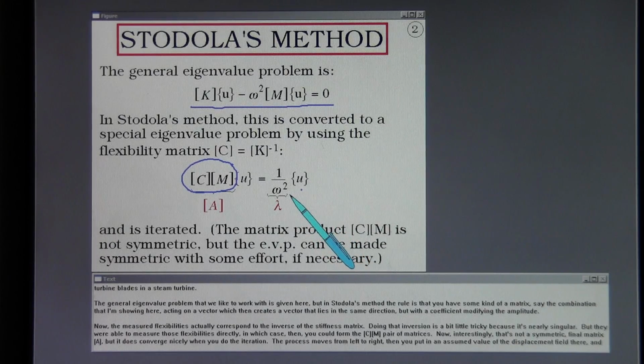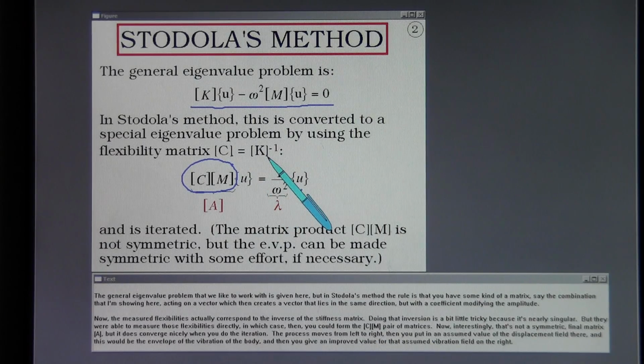Now, the measured flexibilities actually correspond to the inverse of the stiffness matrix. Doing that inversion is a little bit tricky because it's nearly singular, but they were able to measure those flexibilities directly, in which case then you could form the CM pair of matrices. Now, interestingly, that's not a symmetric final matrix A, but it does converge nicely when you do the iteration.